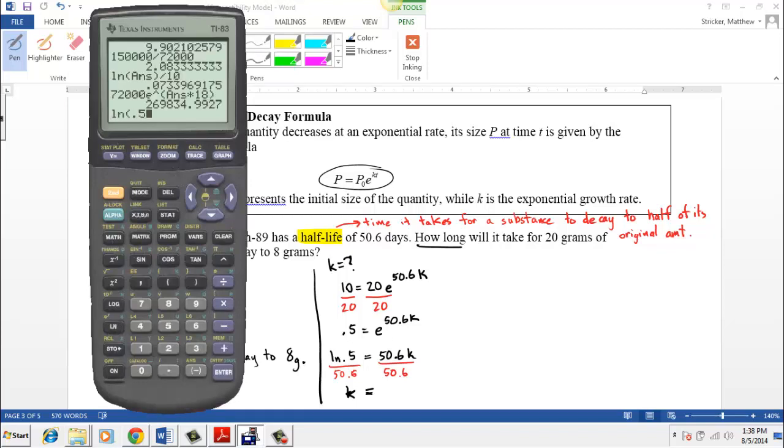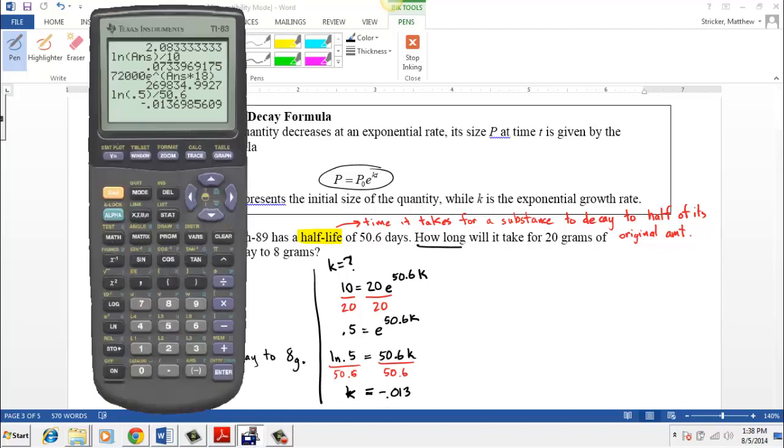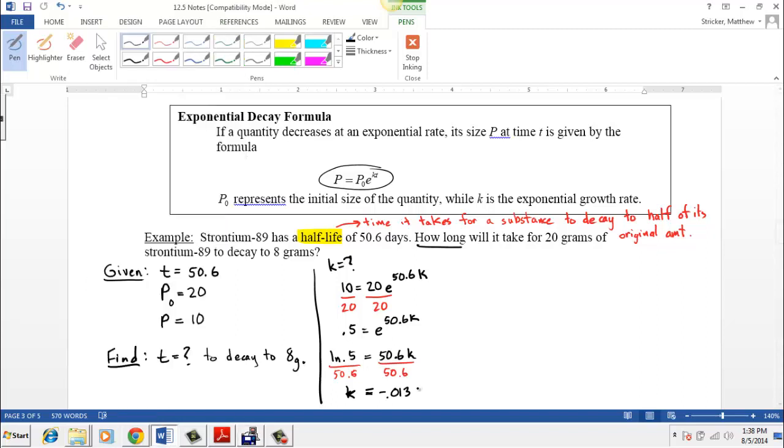Natural log of 0.5 divided by 50.6 is about negative 1.3%. I'm going to write negative 0.0137. Okay, so we do see it's decaying. Again, that growth rate is negative. That shows that we're decaying and not growing.